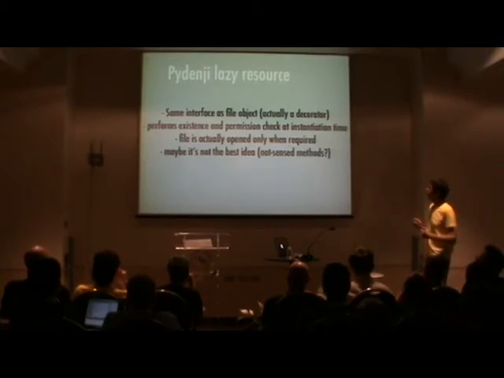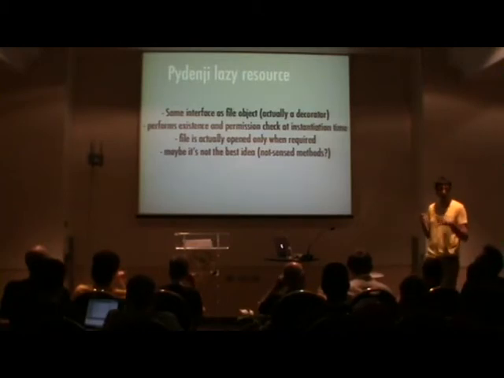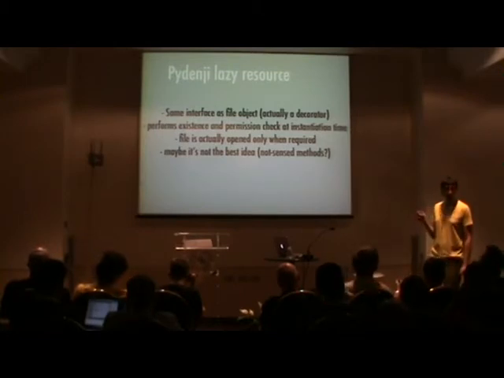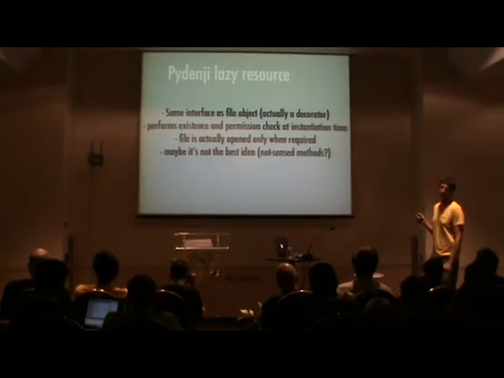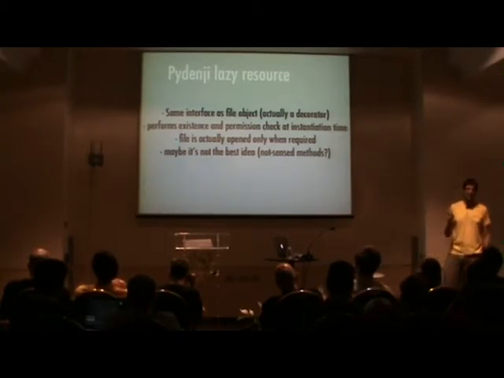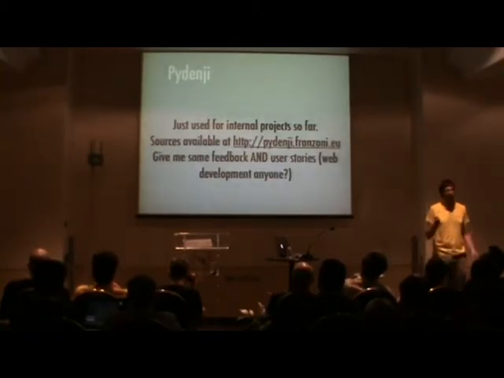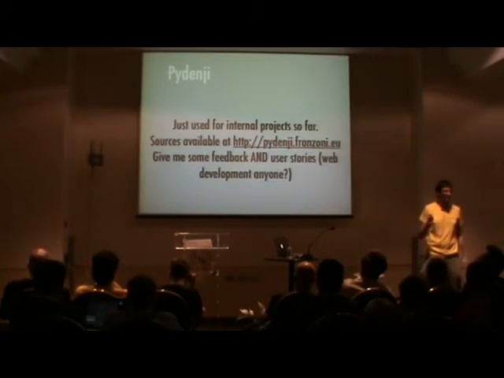This is my implementation. It just does something like performing an existence check or accessibility check or instantiation, and then when somebody really tries to read the file, the file really gets opened at that level. So, Dependency is a tool which has been used for internal projects so far, and it seems to work. Now I'm trying to make it public.